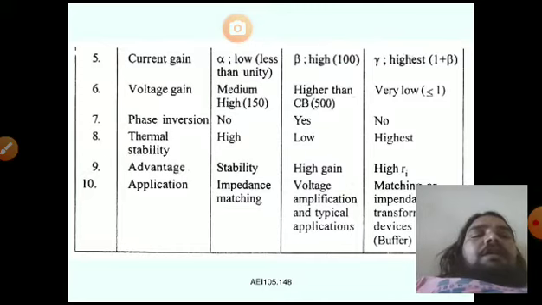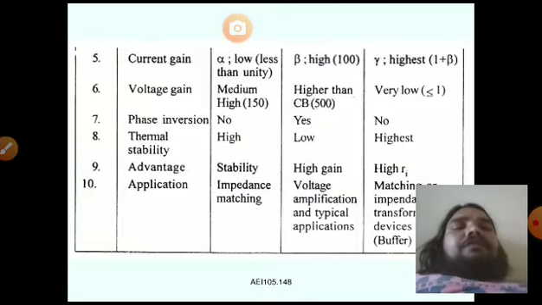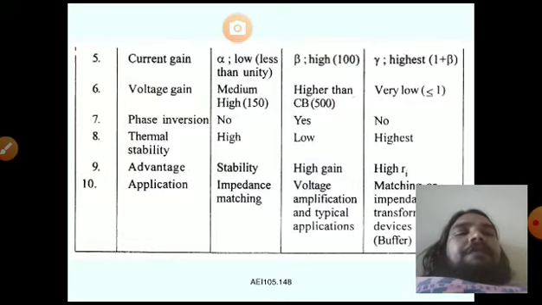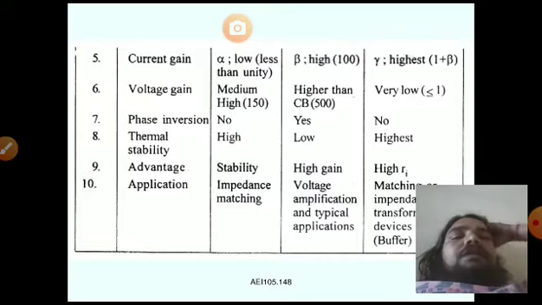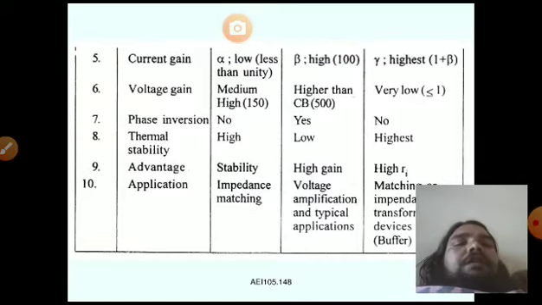Next, in common emitter configuration current gain is high, beta is equal to 100. Next, current gain in common collector configuration is highest, 1 plus beta.